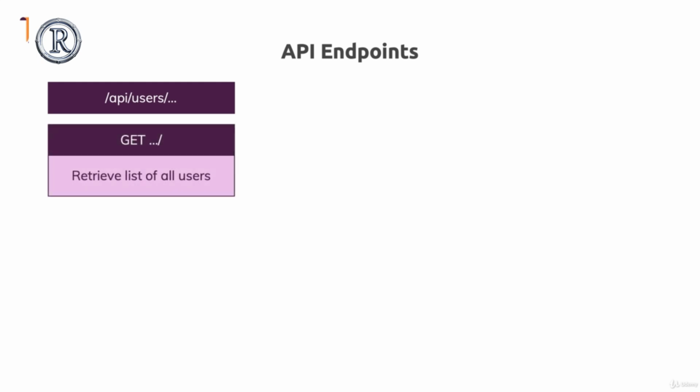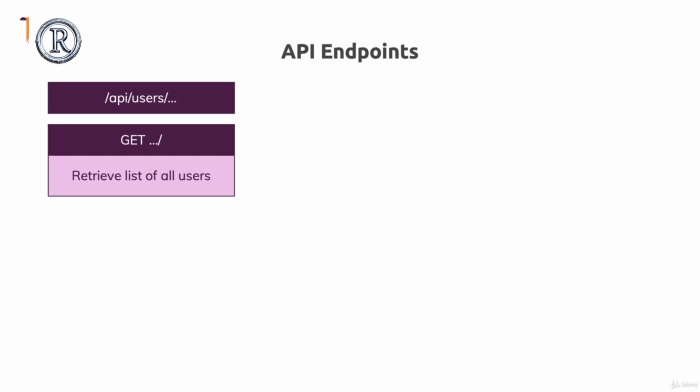If a GET request reaches our backend domain/API/users/nothing else, then I want to return a list of all users. We'll need that for the page where we display all users and the number of places they created.